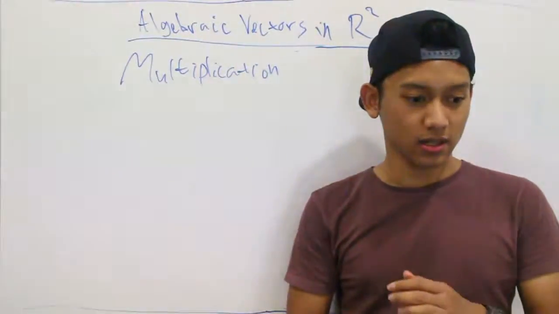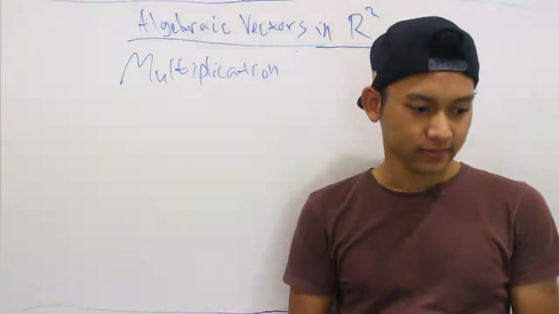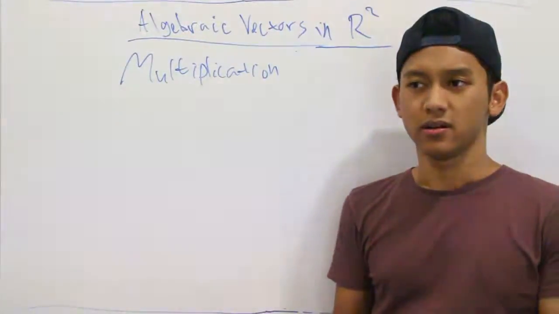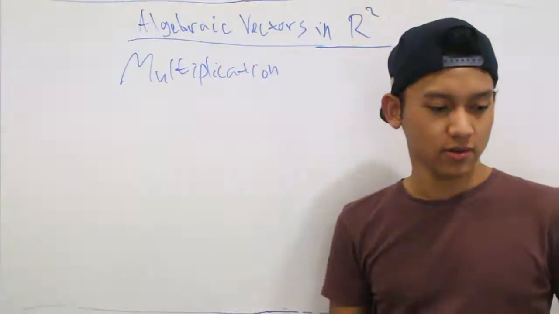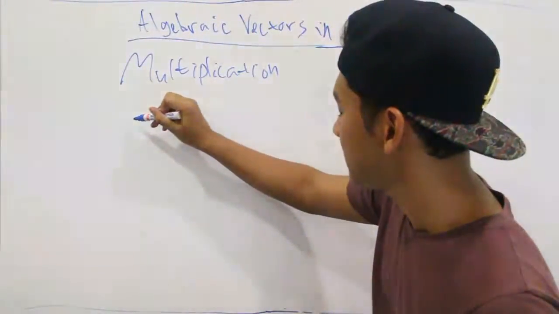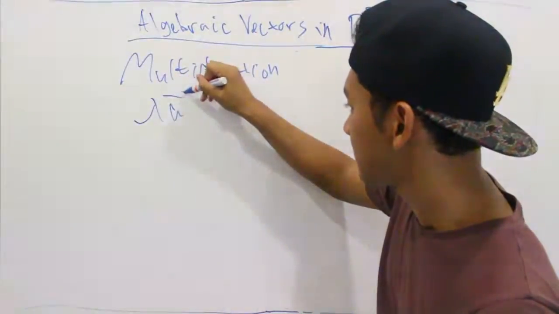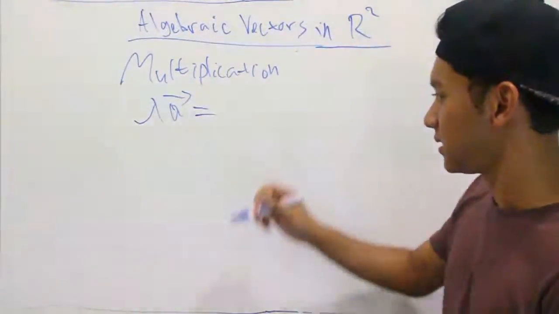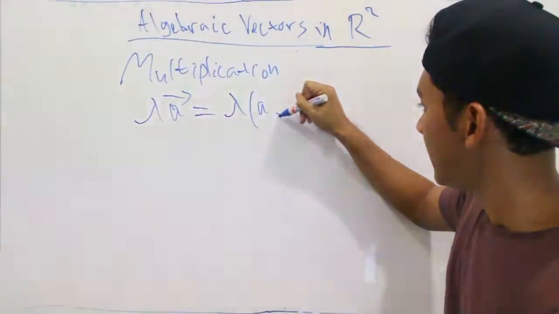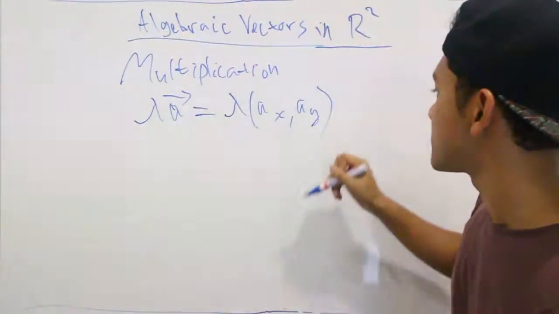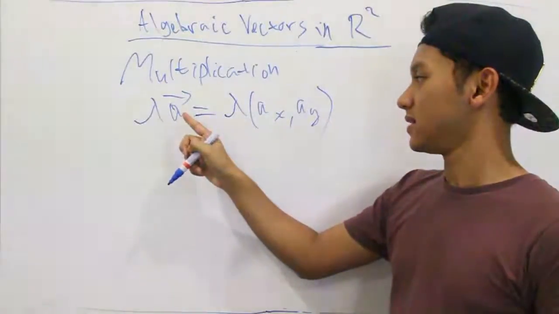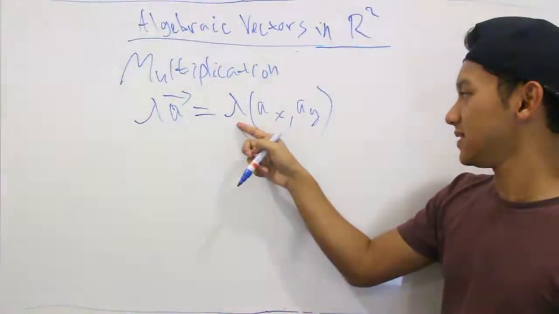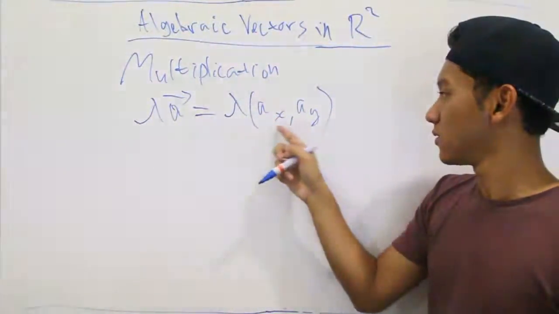The multiplication of a two-dimensional algebraic vector by a scalar number, which means any real number, 1, 2, 3, 4, 5, 6, 7, 8, and the negatives also, is given by, let's use lambda as the scalar, lambda times A equal to lambda AX and lambda AY. We multiply the scalar by each of the coordinates.